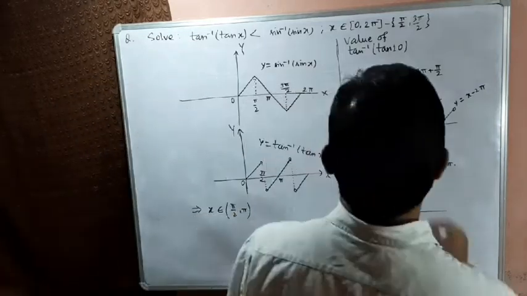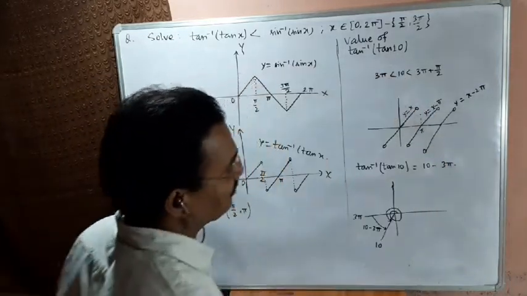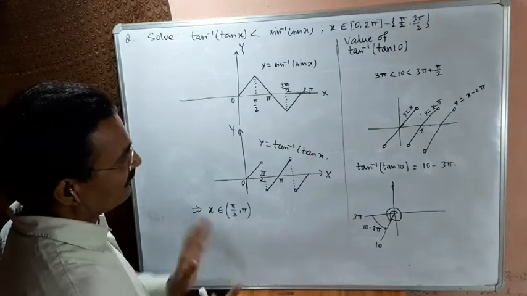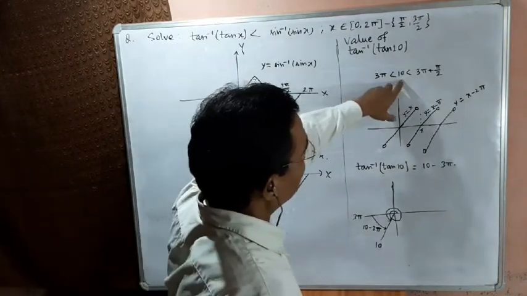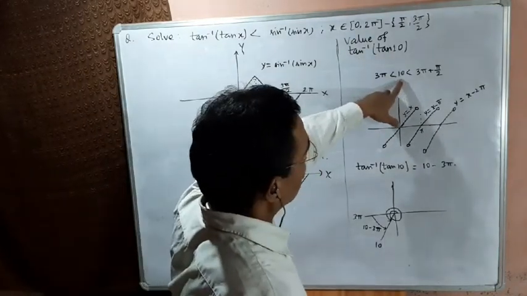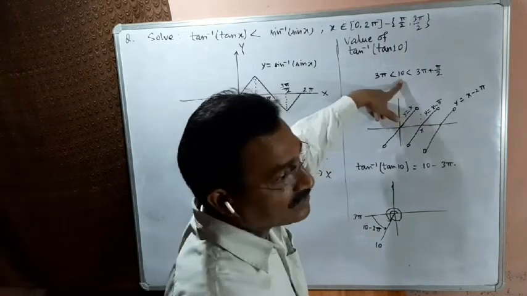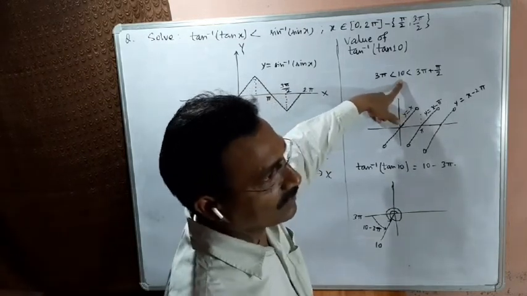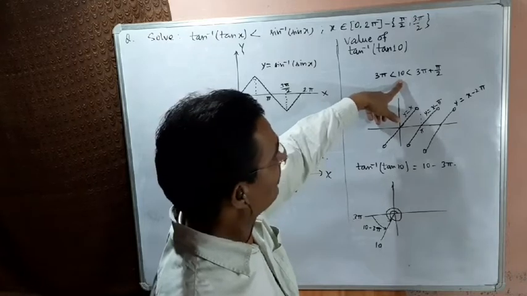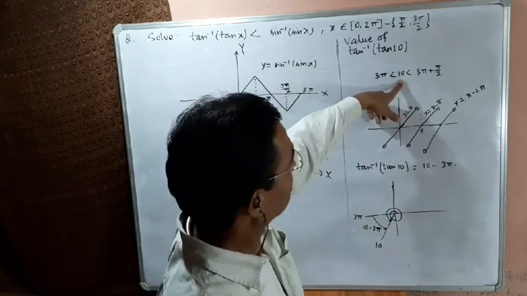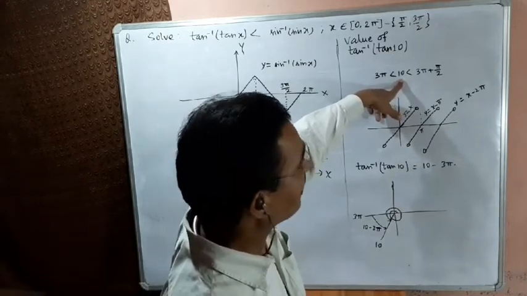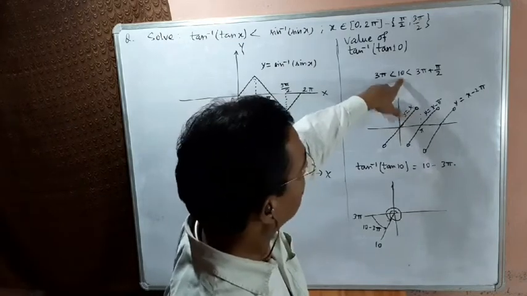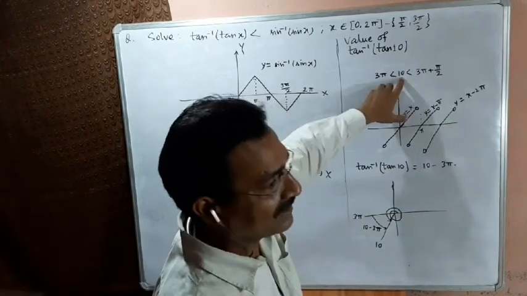Next question, tan inverse of tan 10. At first, we will try to find in which quadrant 10 will lie. We will try to find the two consecutive quadrant angles between which 10 will lie.